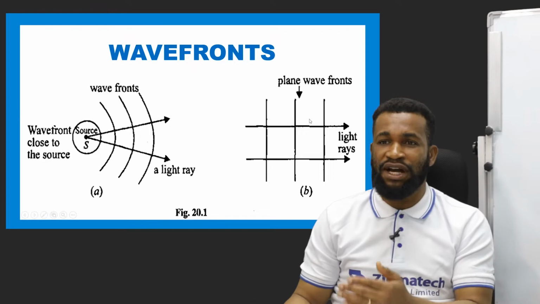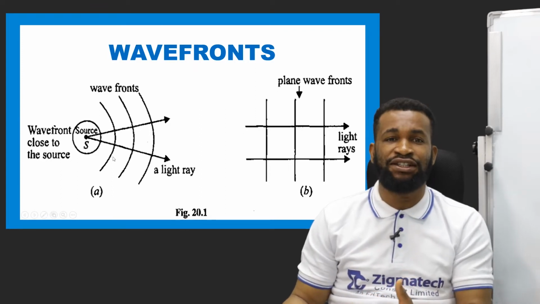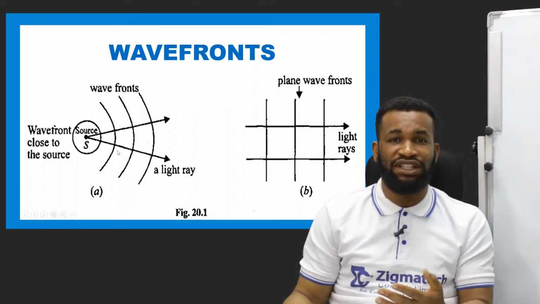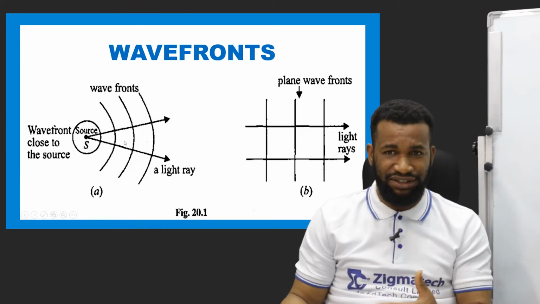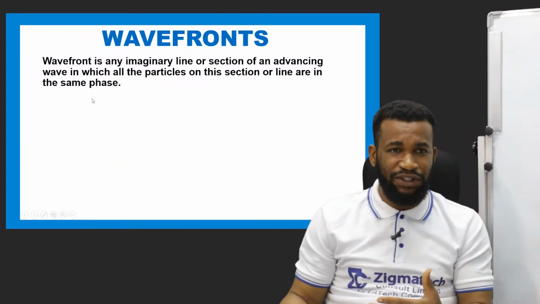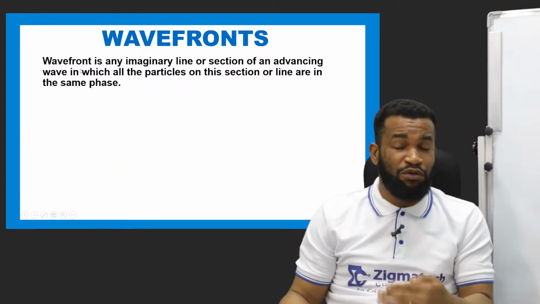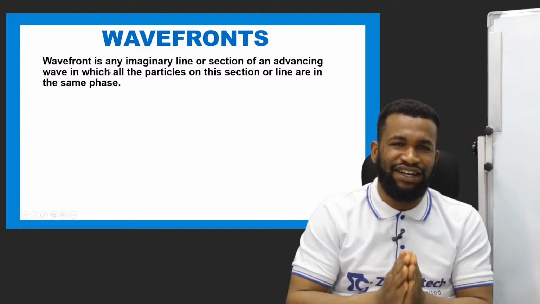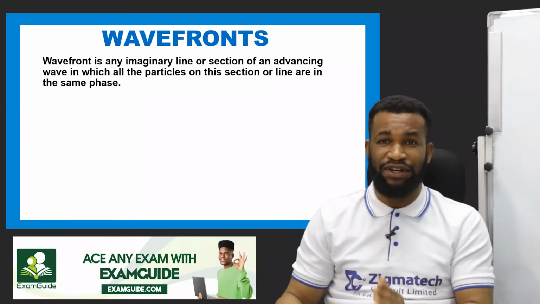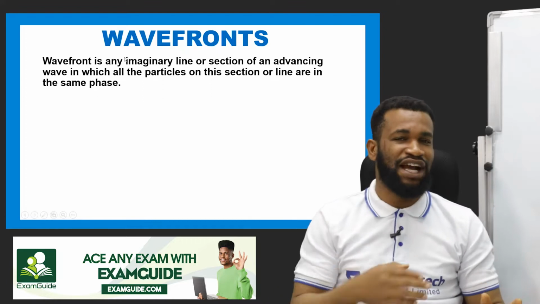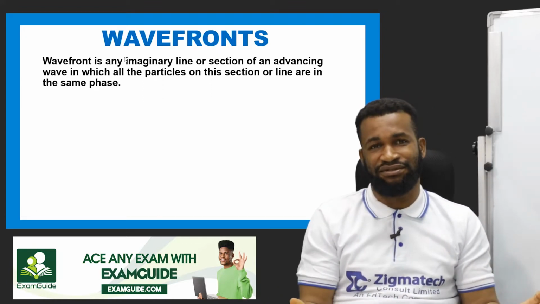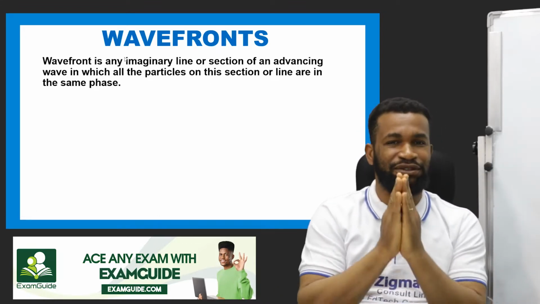Now, these imaginary diagrams show the kind of waveform, what it means. However, what does wavefront mean? According to the definition, a wavefront is any imaginary line. Remember, the points are very important. Imaginary means that in real life, you can't see those diagrams. In real life, it's not there. You can't even see it.